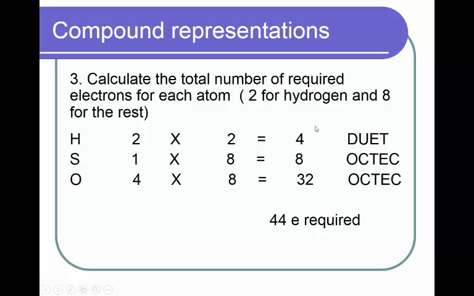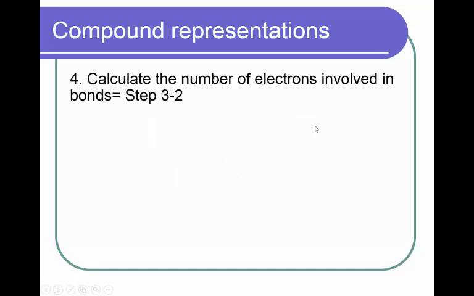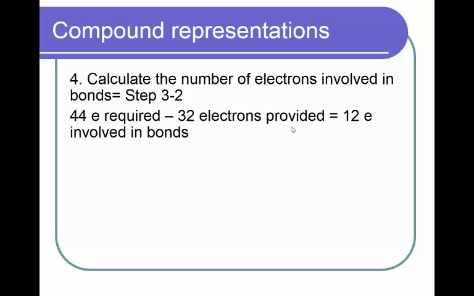In step number 4, we calculate the number of electrons involved in bonds. So that was step number 3 minus step number 2. If you remember well, we calculated in step number 3 the total of required electrons. So those are 44 required electrons minus 32 electrons provided by the atoms.